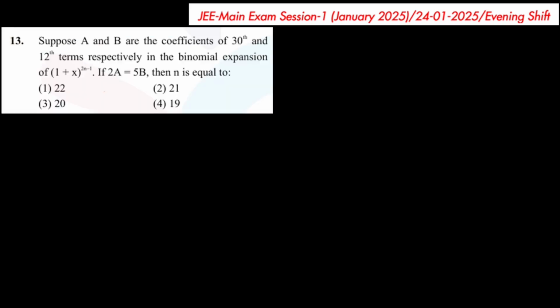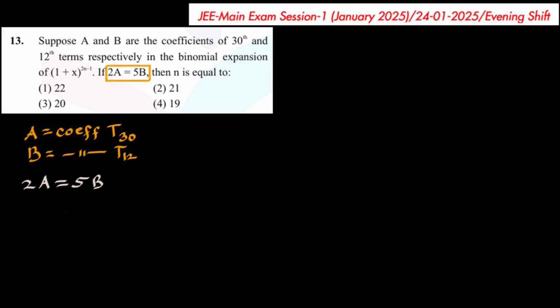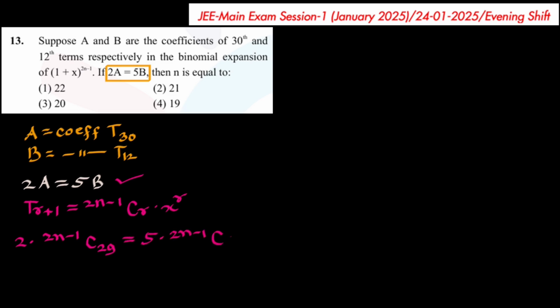In this question, A is coefficient of 30th term and B is coefficient of 12th term, and further it is given 2a equals 5b. We have T r plus 1 equals 2n minus 1 C r into x raised to r. So we write this as 2 times 2n minus 1 C 29 equals 5 times 2n minus 1 C 11.